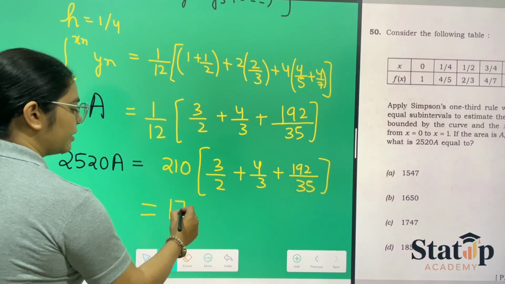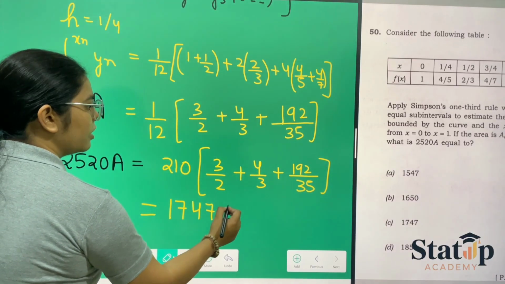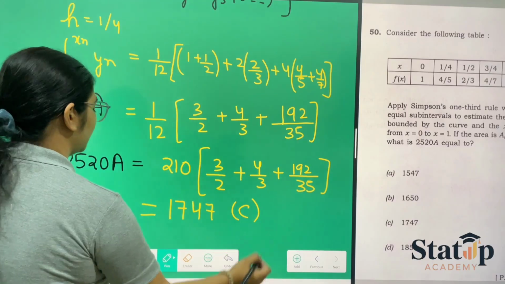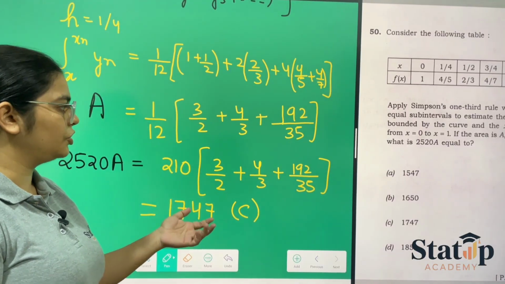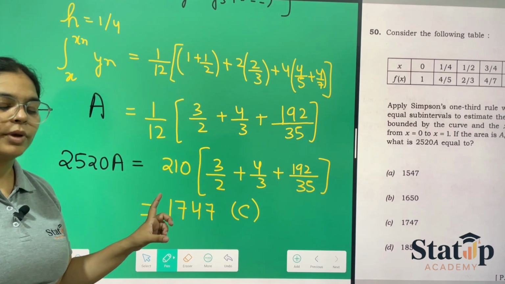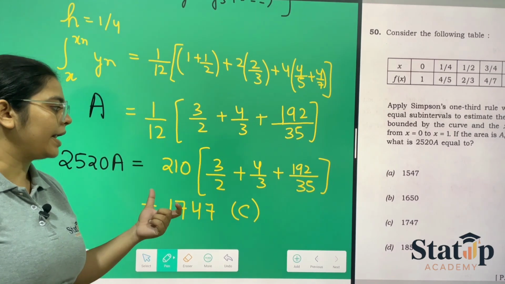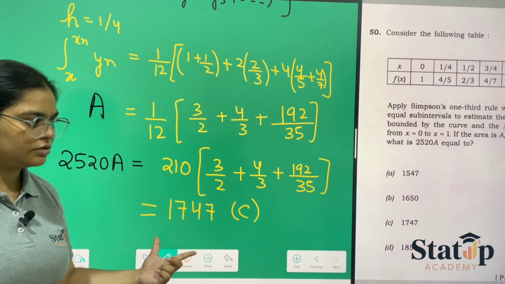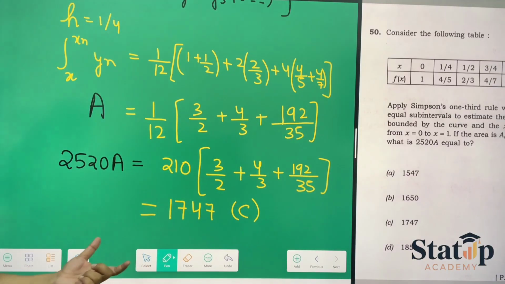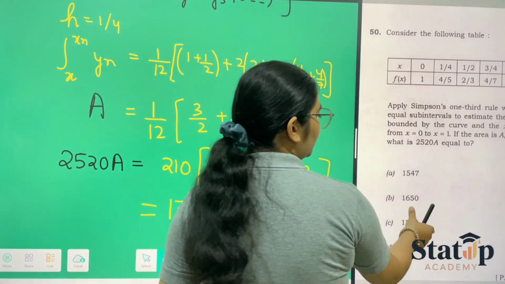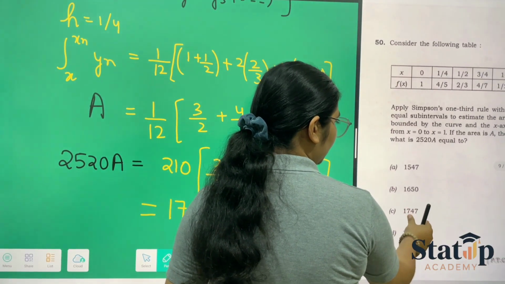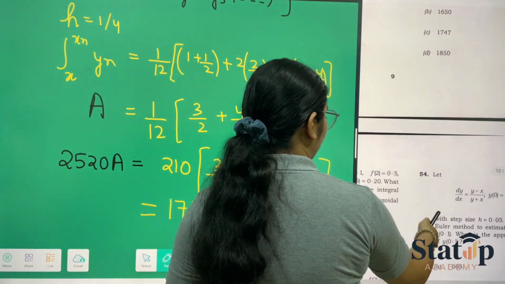It will be 1747, which is our option number C. You can calculate this. My calculation differs with your calculation, so I am leaving this topic of calculating to you. You can calculate this, and I am telling you the final answer, which will come out to be option number C, 1747. So this completes your question number 50. Now moving towards another question.